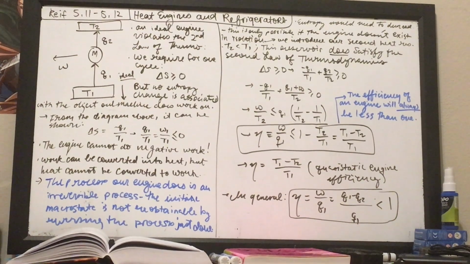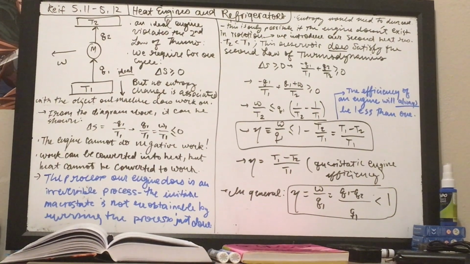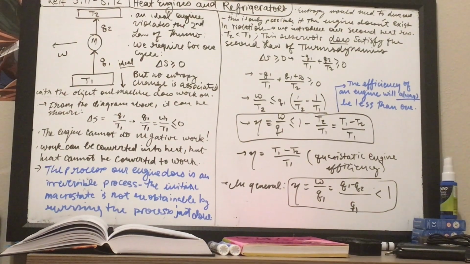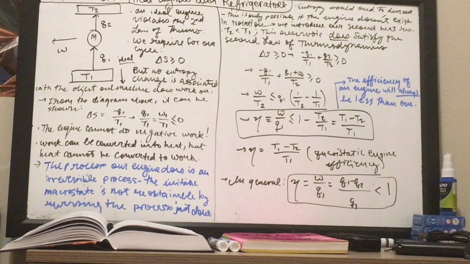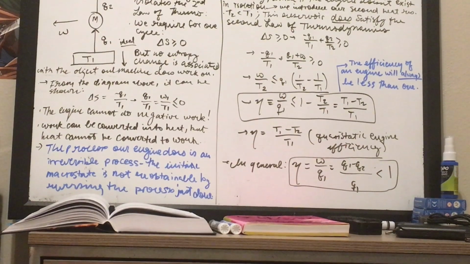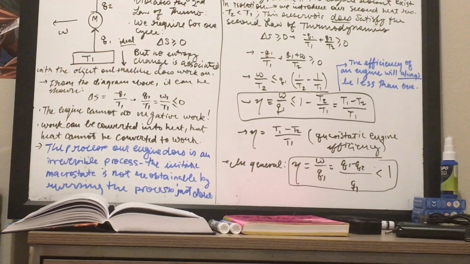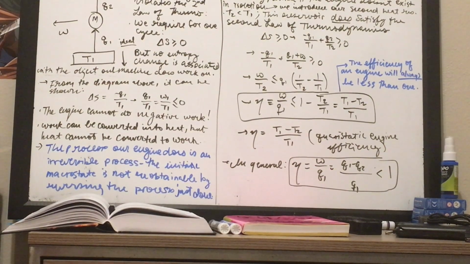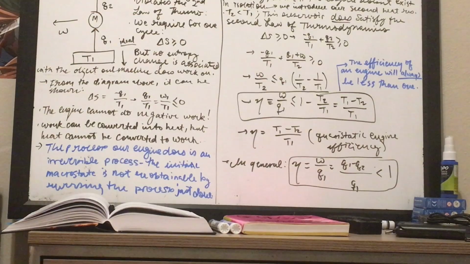Rife adopts the term eta for the efficiency of an engine, a real engine, right? So for a real engine, this particular quantity can just simply be written as the ratio of the work that is done by the machine or by the engine divided by the amount of heat that it pulls from the first reservoir.